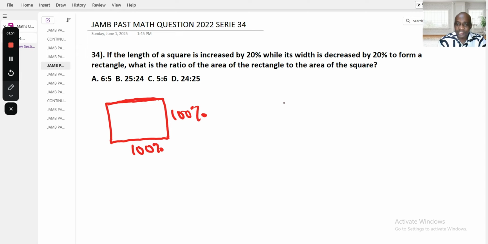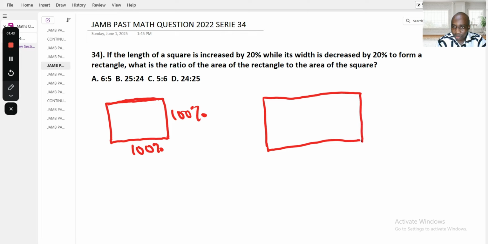Now we were told that, let me draw the rectangle, the length of a square is increased by 20%. This is length, this is width.